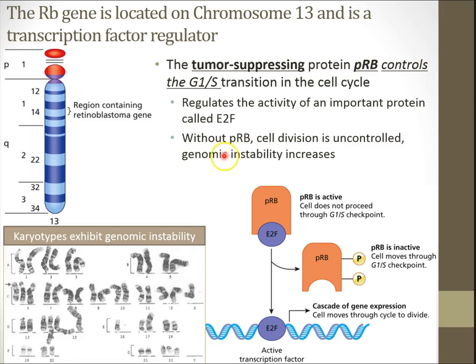Without RB, we also see other genomic instabilities. This is a karyotype from a retinoblastoma tumor, and what we see here is a lot of chromosomal abnormalities. We see fusions of different chromosomes. We also see isometric chromosomes where the centromere is lost.